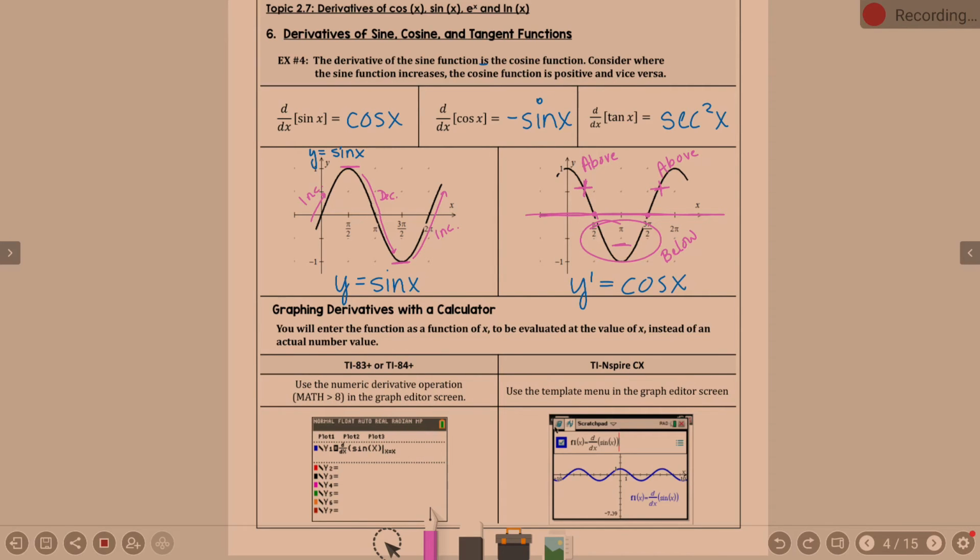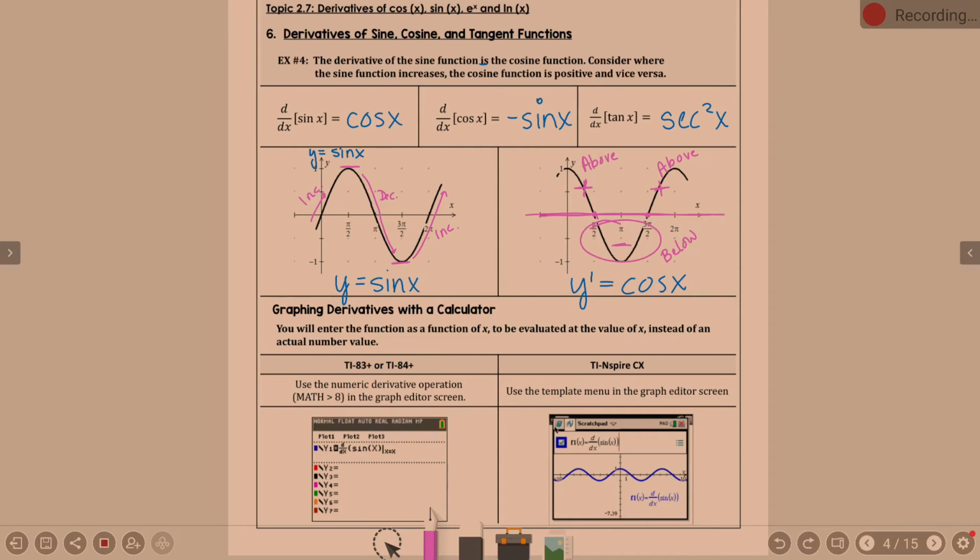And notice when you graph it, did you guys try it? I just thought it was interesting that if I go in here, Math 8 gives me the derivative setup, d dx. If I'm doing it of sine x, into your parentheses, then you just have to put x equals x.